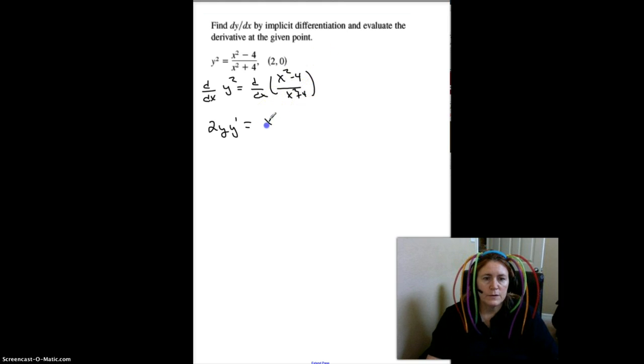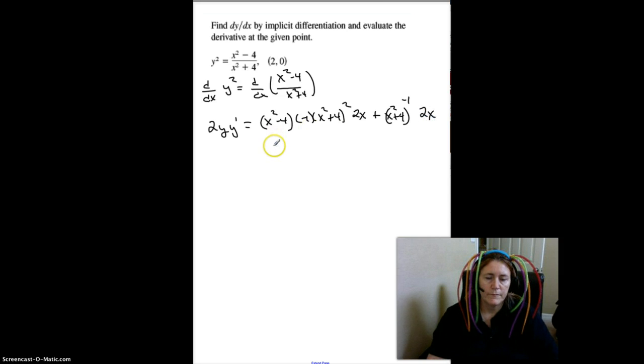So this is (x squared minus 4) times -1 (x squared plus 4) to the -2 times 2x, plus (x squared plus 4) to the -1 times the derivative of the numerator, which is just 2x. All right, so what do we have here?